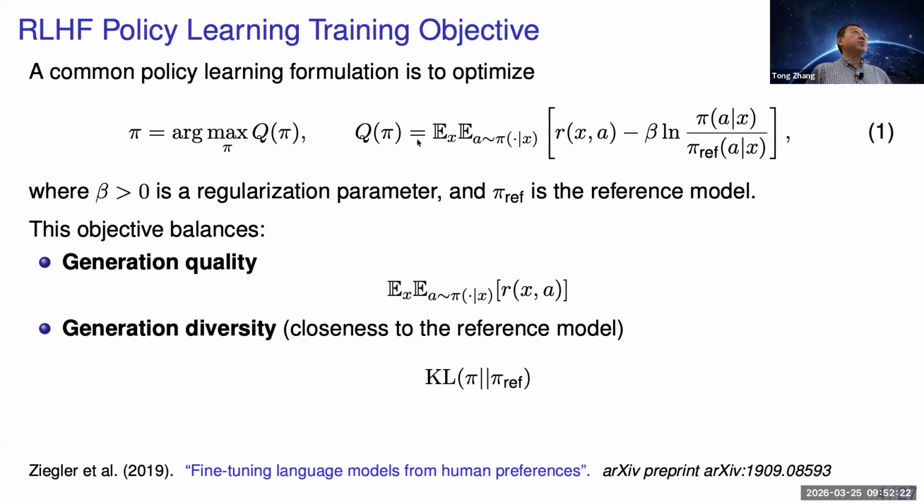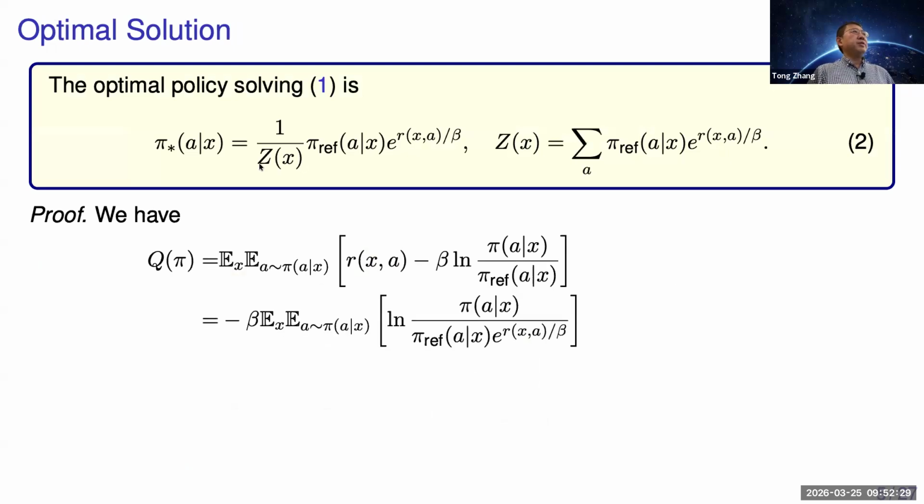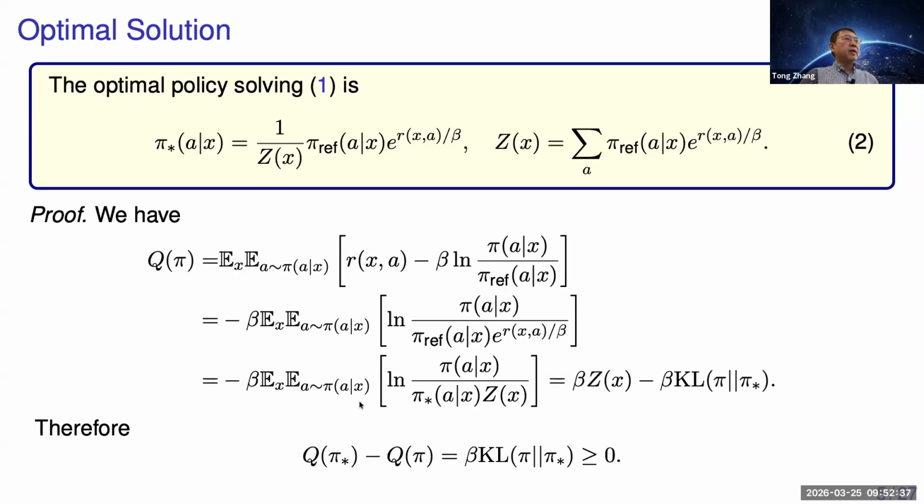Basically, Q is this objective function, and you want a pi star that maximizes Q. And this gives you the proof that pi star is the largest possible value, because for any Q pi, this is non-negative.